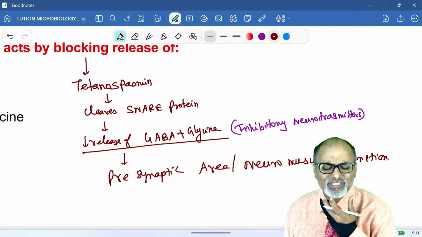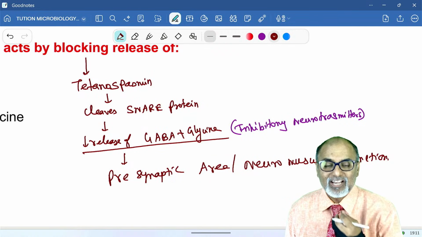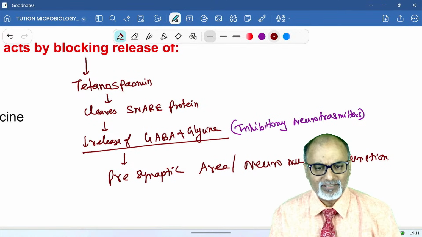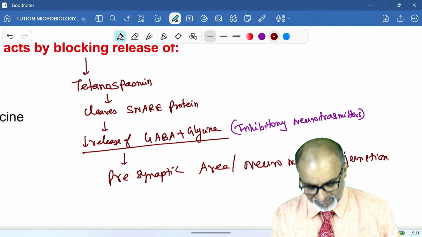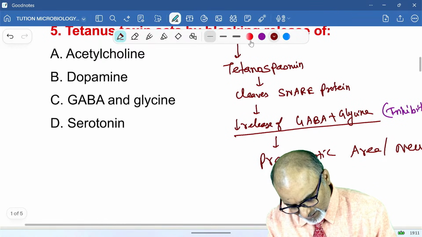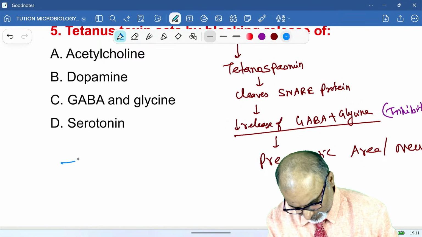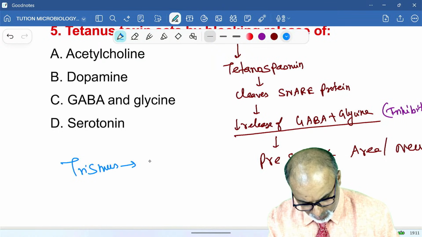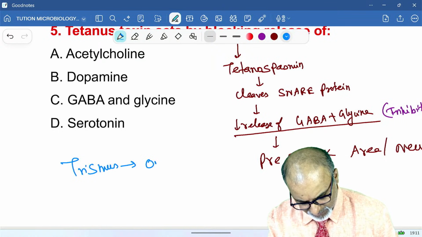What is the classical picture? Trismus, lockjaw, finally opisthotonus, otherwise called hyperreflexia, starting from trismus to opisthotonus or hyperreflexia.